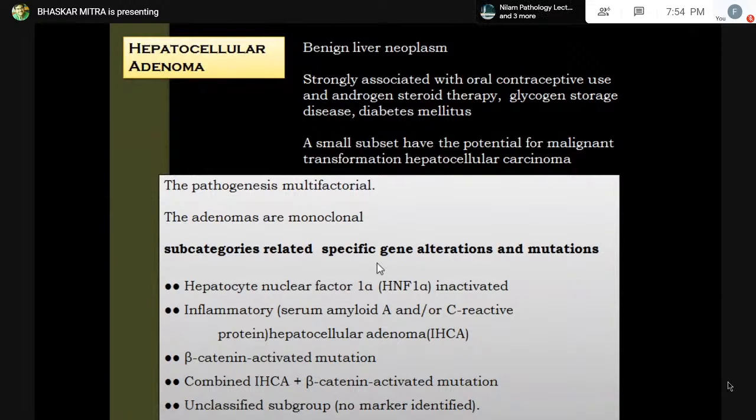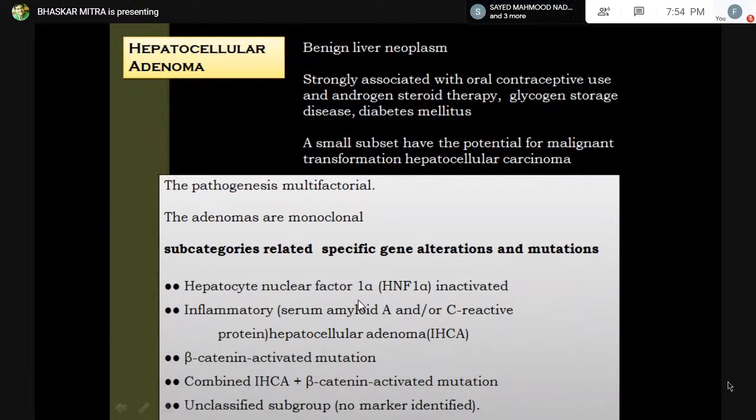Some of these hepatocellular adenomas have a chance of transformation to hepatocellular carcinoma. According to the genetic alterations and mutations, the hepatic adenomas can be divided into the following subclassifications.